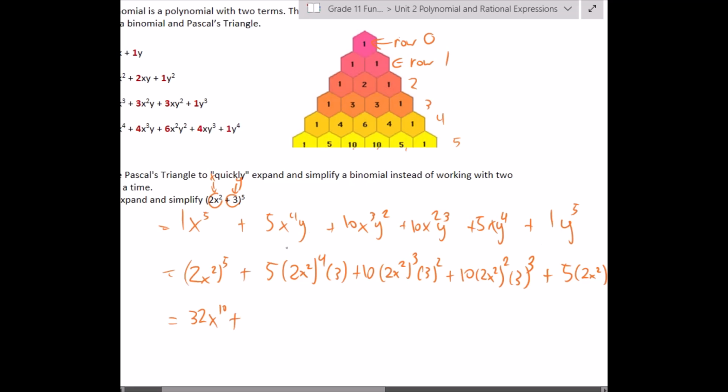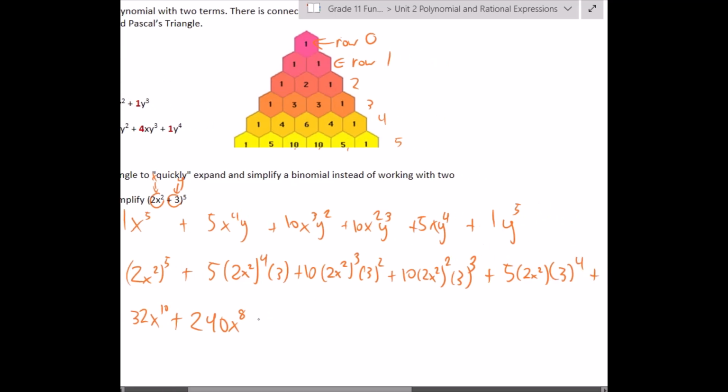And then we have plus 2 to the power of 3 is 8 times 3 squared, which is 9, and then times 10, so that should give us 720, and (x²) to the power of 3, that's x to the power of 6.